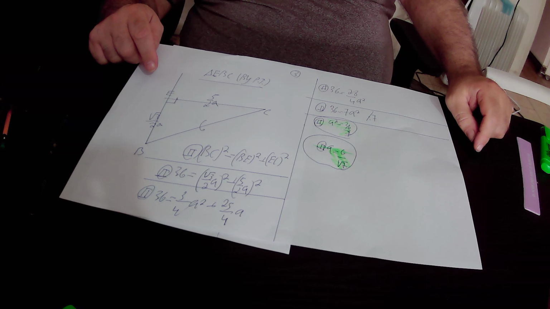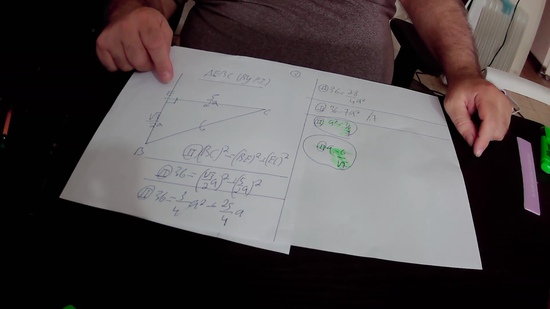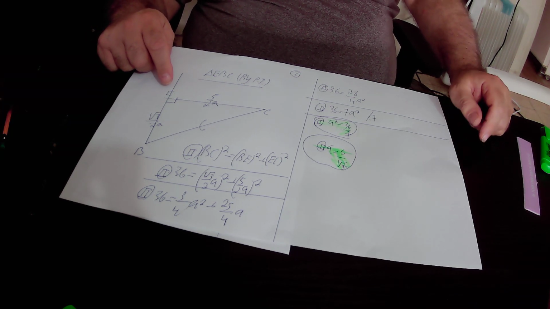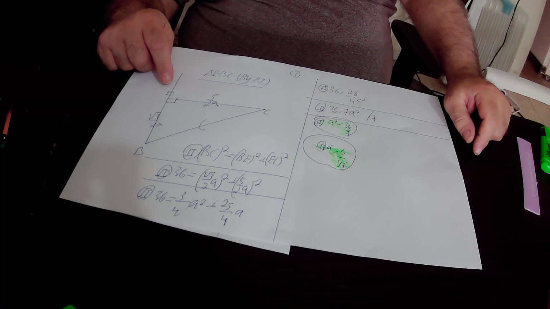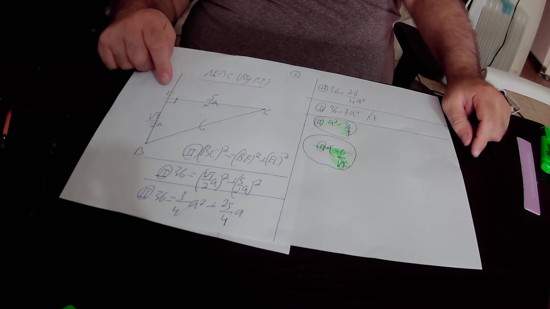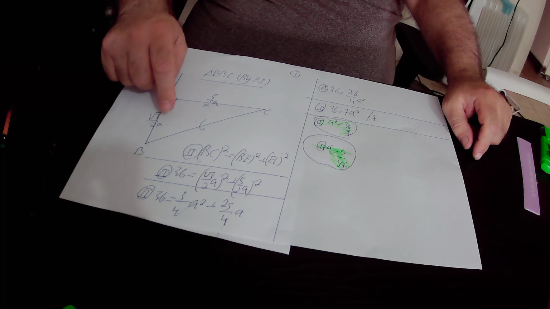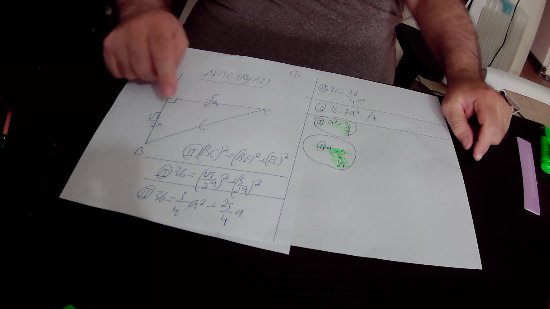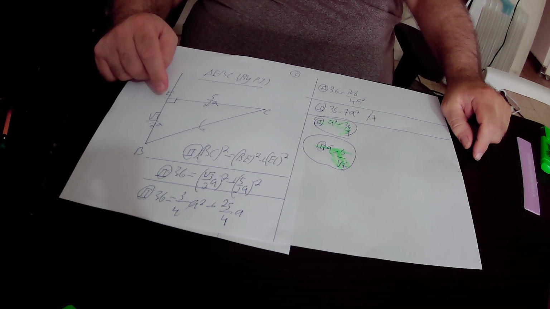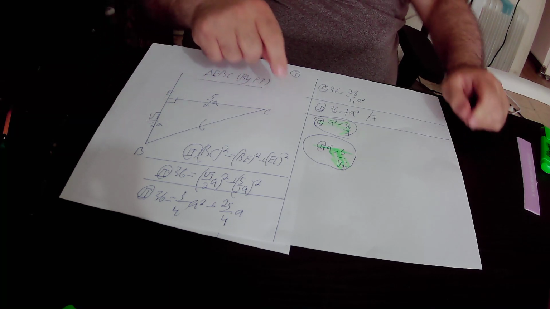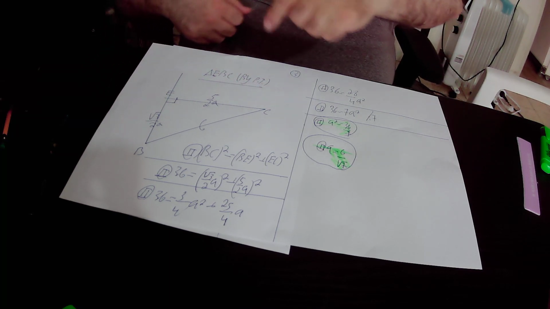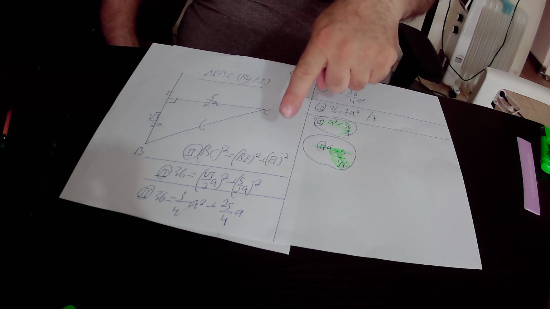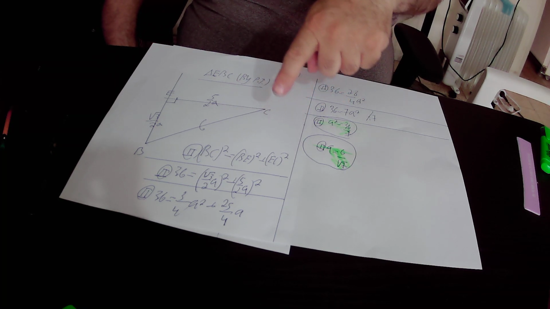So we implemented the Pythagoras theorem on this right triangle, triangle EBC. According to the Pythagoras theorem, the square of the hypotenuse equals the sum of the squares of the perpendiculars. The hypotenuse is BC, so the square of the hypotenuse is BC square. It must be equal to EB square plus EC square. So BC square equals BE square plus EC square.